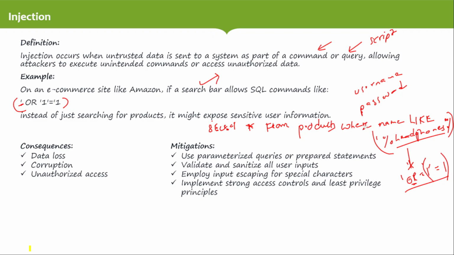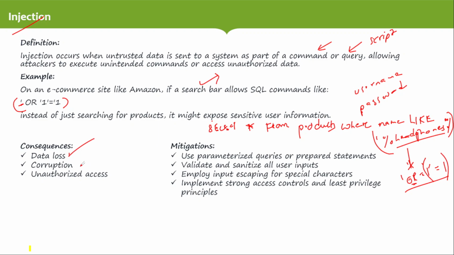Okay, so this is how the attacker tries to exploit the application and gain sensitive data. This is the injection vulnerability. Then coming to the consequences of this injection vulnerability: data loss.